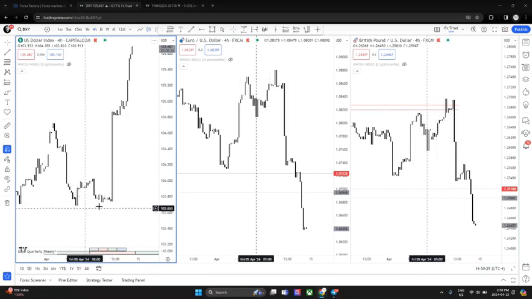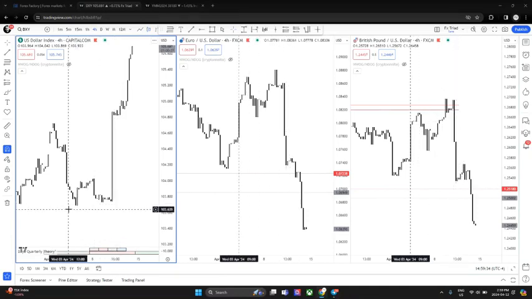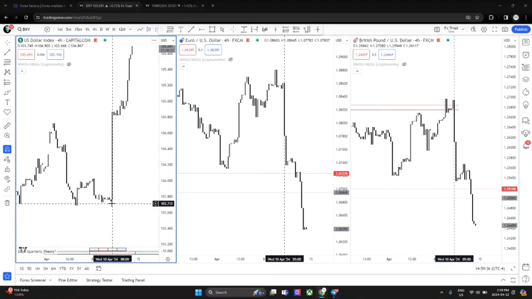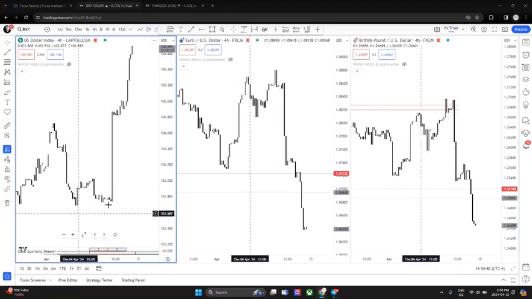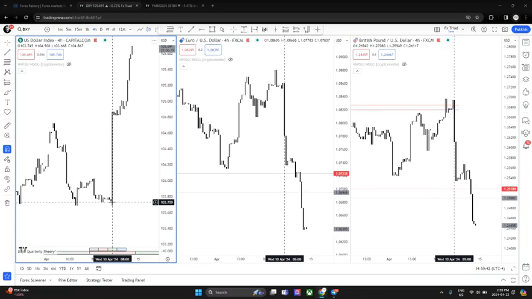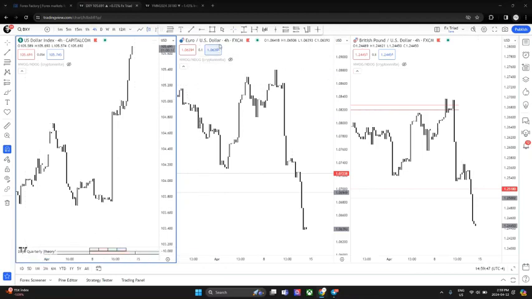So we had sequential SMT here, hidden sequential SMT, if you will. And all of this occurred before we had CPI. If you remember what I've been saying about CPI, how can you know the direction of CPI? Is it possible?